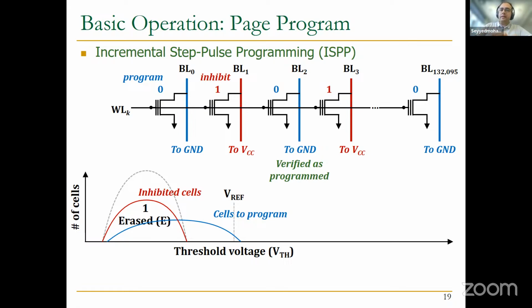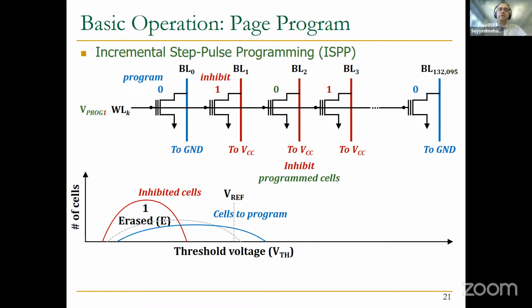Those cells that are already programmed, like these cells, for example, in the next step you are going to inhibit by applying VCC to the bit line. So you are not going to program these cells anymore. But for some other cells that are still not programmed, you need to apply another VProgram. In the next pulse, you can apply VProgram1, for example, and then you can see that you are shifting this curve to the right.